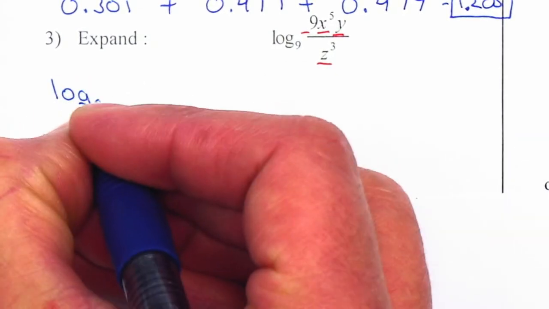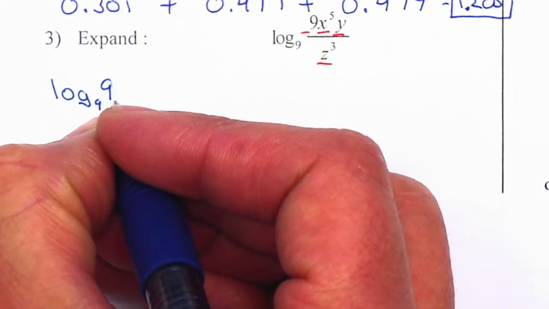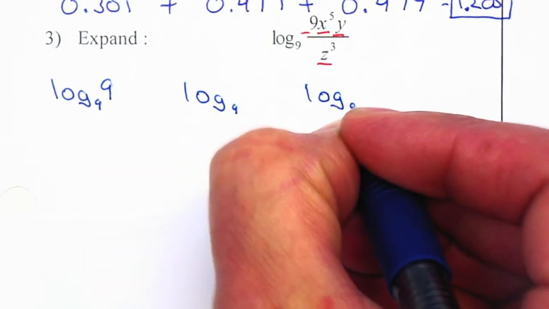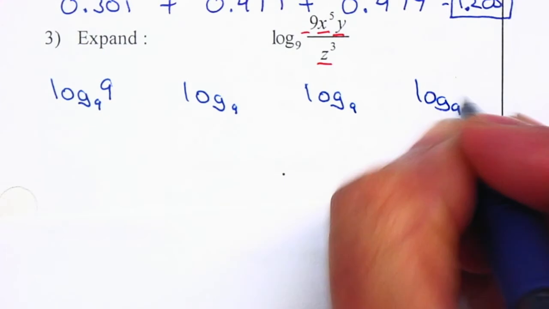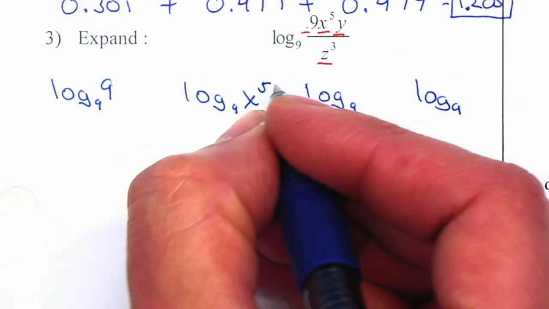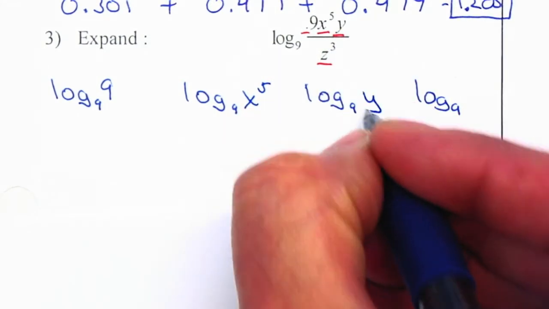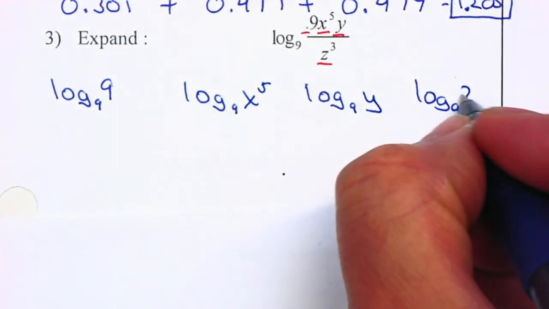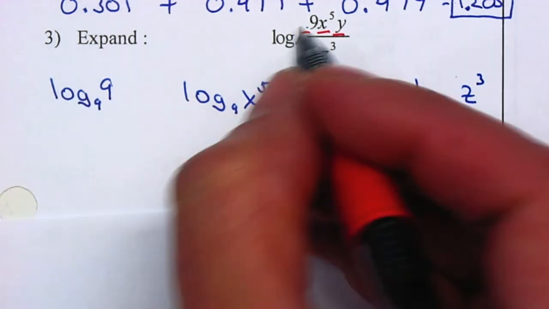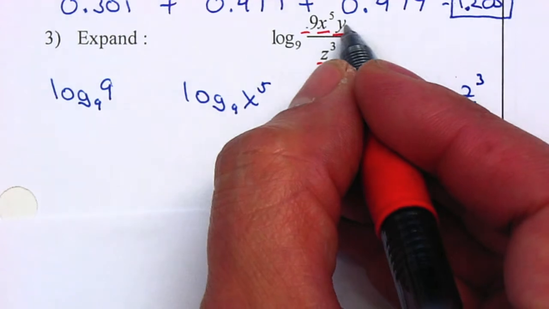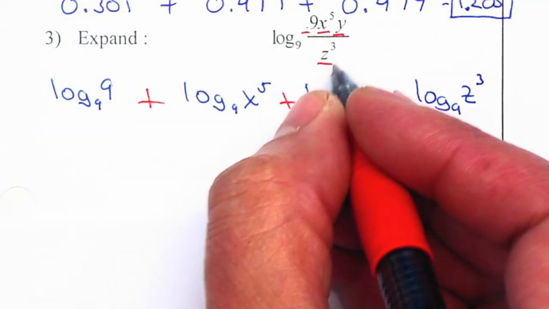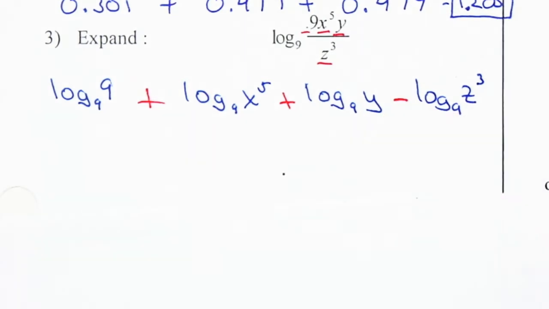That'll be log base 9 of 9, log base 9, log base 9, and the last one will be log base 9. So the first one is with the 9, the next one will be with the x to the 5th, the next one will be with the y, and the last one will be with the z to the 3rd power. Now the 9 and the x and the y are multiplying, so they'll be with a plus in between. The z is in the denominator, so it'll be with a minus.